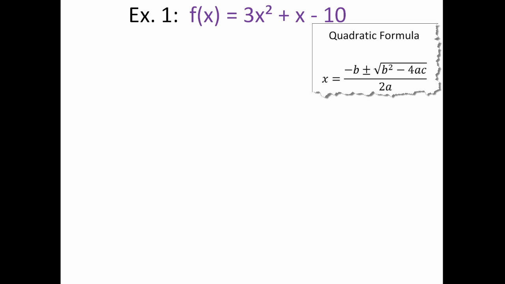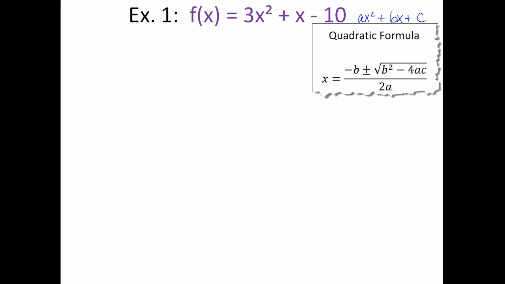The first thing we need to do in our equation before we use the quadratic formula is to identify what our values of a, b, and c are, because those are the values that we use in the quadratic formula. So look at your equation and make sure that it is in the correct format of ax squared plus bx plus c.